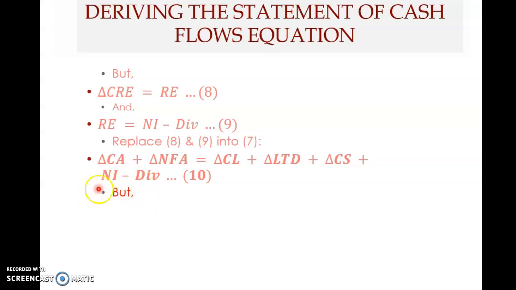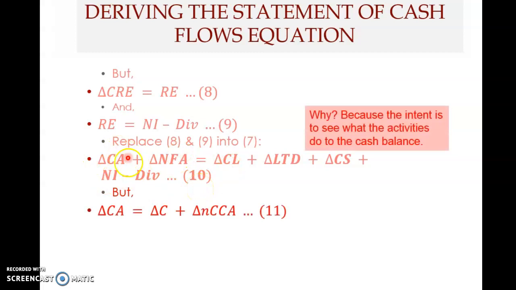Now we are going to expand equation number 10 further. First, we are going to expand the change in current assets into two components: change in cash plus change in non-cash current assets. Why do we do this? Because the intent of this statement is to see what the activities do to the cash balance. So we separate the cash balance from the current assets.